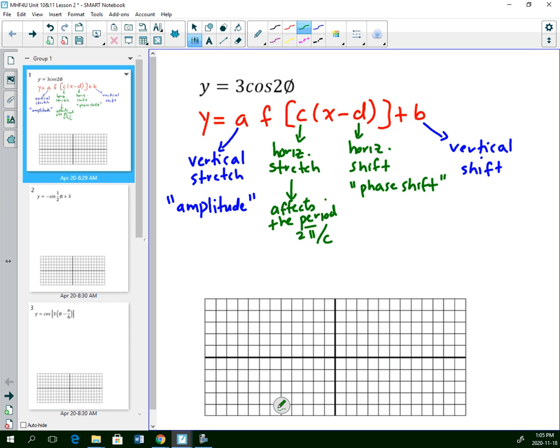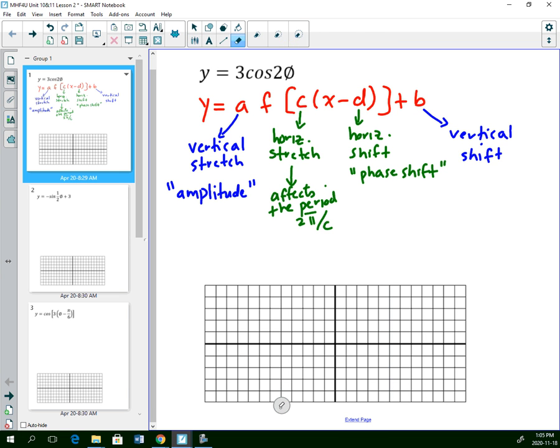And so we would ask that you state any amplitude, period, horizontal shift, vertical shift, and then you're going to do your mapping notation. Okay? So the amplitude in this question is the a value, which is 3. So it has a vertical stretch of 3. It has a c factor of 2.